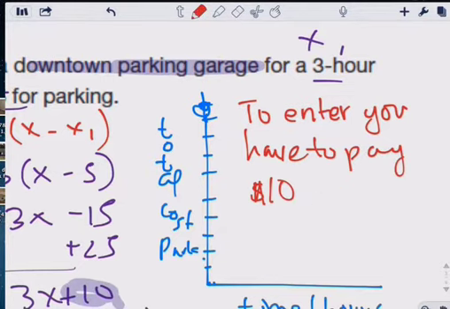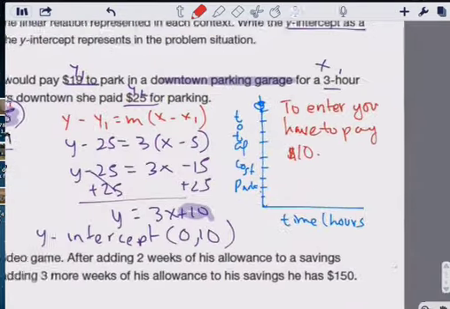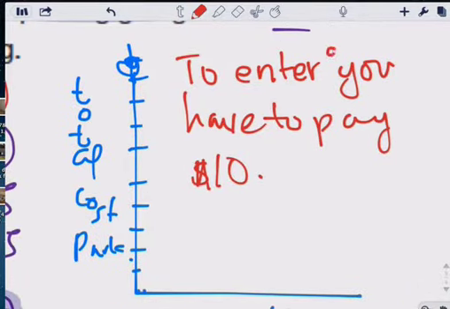Okay, that's the initial fee. Yes, you have to pay. To enter, you have to pay $10. That's what it means to enter the garage.